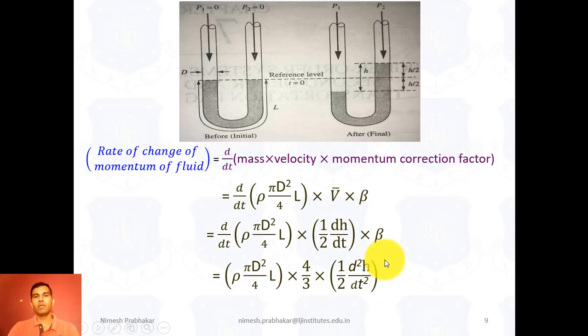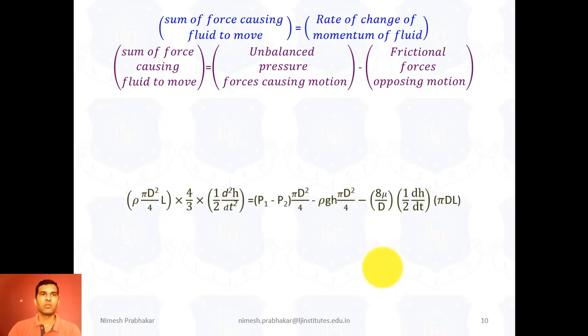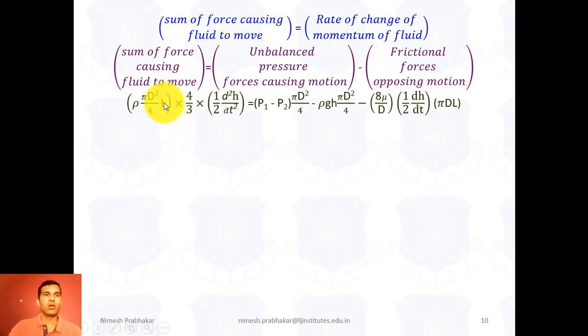Now we merge all these equations. That means we put all these equations in this equation. So we get rho pi d square by 4 into L into 4 by 3 into 1 by 2 d square h by dt square.